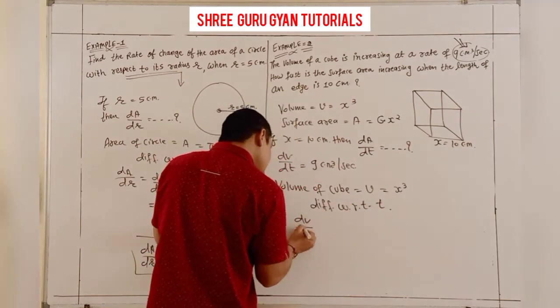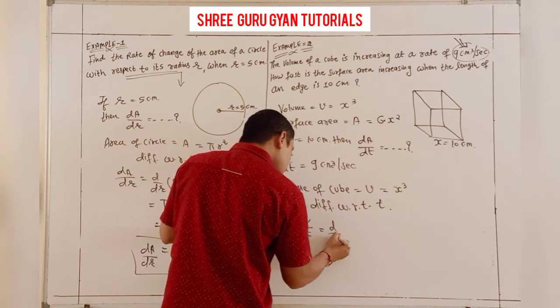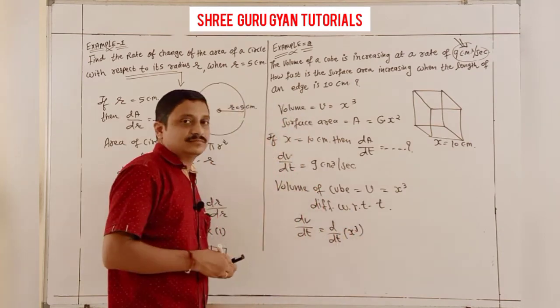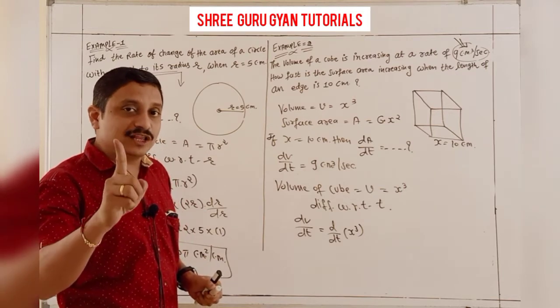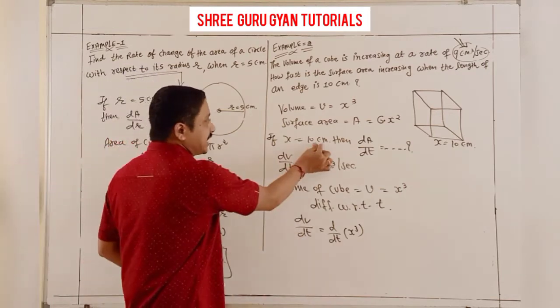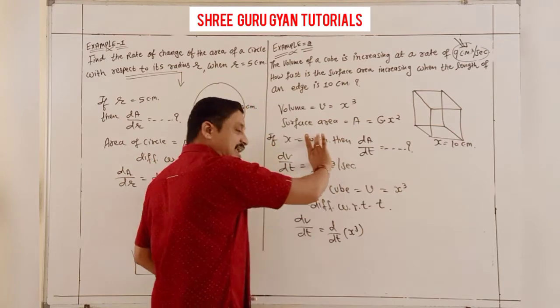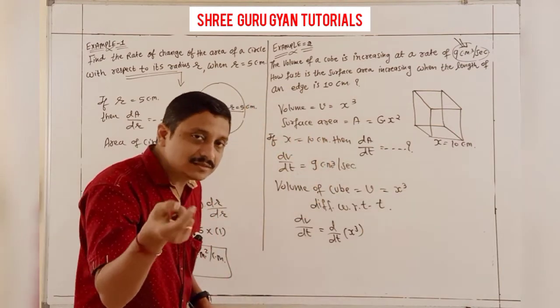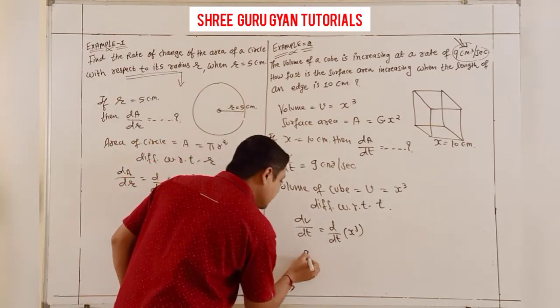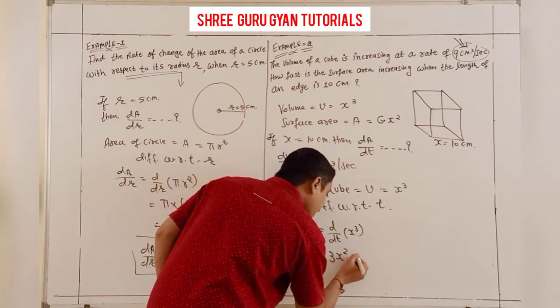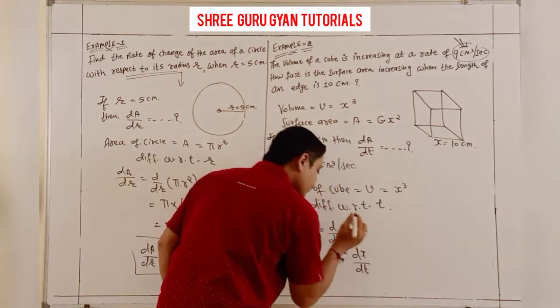So dV by dt, d by dt of x cube, dV by dt is known. But before putting in the value, you must check that this centimeter and this centimeter are the same unit. Otherwise, convert to the same unit. So here your answer is 9 equal to 3x square dx by dt.